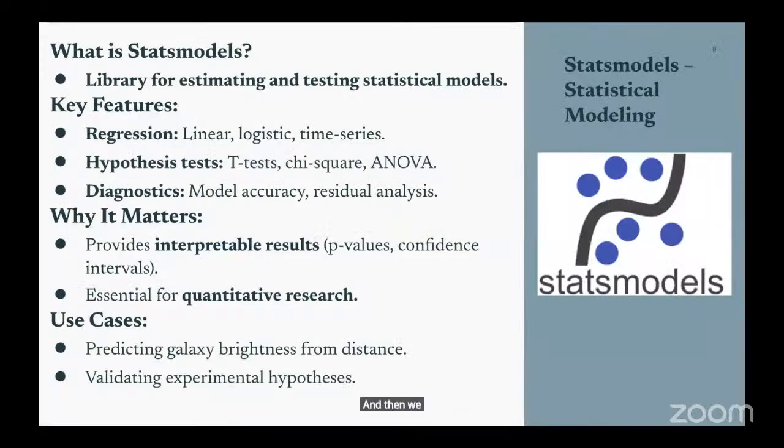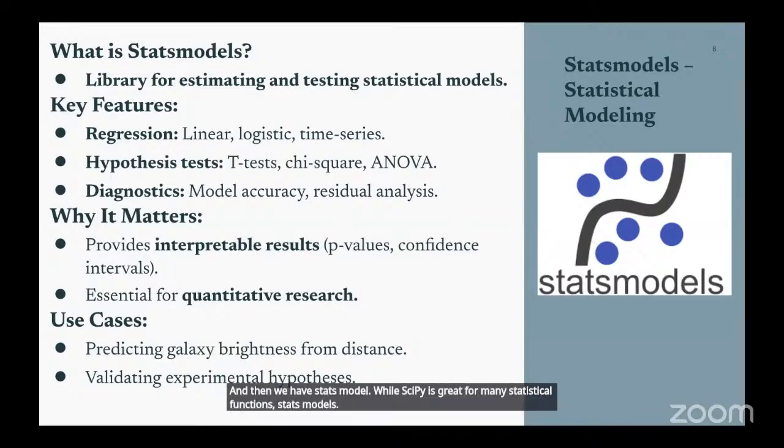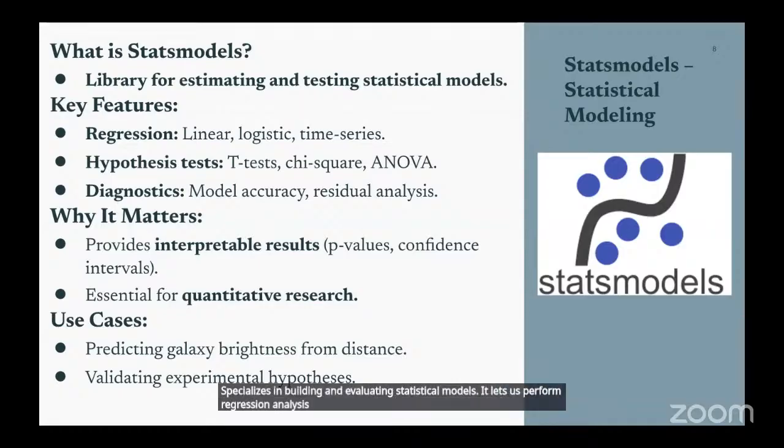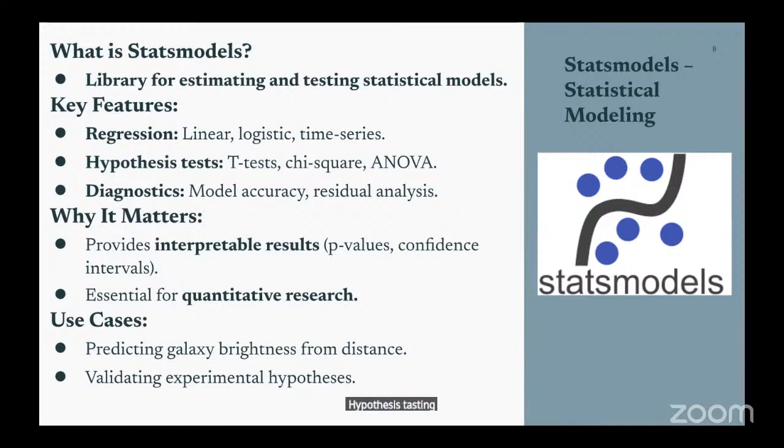And then we have statsmodels. While SciPy is great for many statistical functions, statsmodels specializes in building and evaluating statistical models. It lets us perform regression analysis, hypothesis testing, and diagnostic checks.